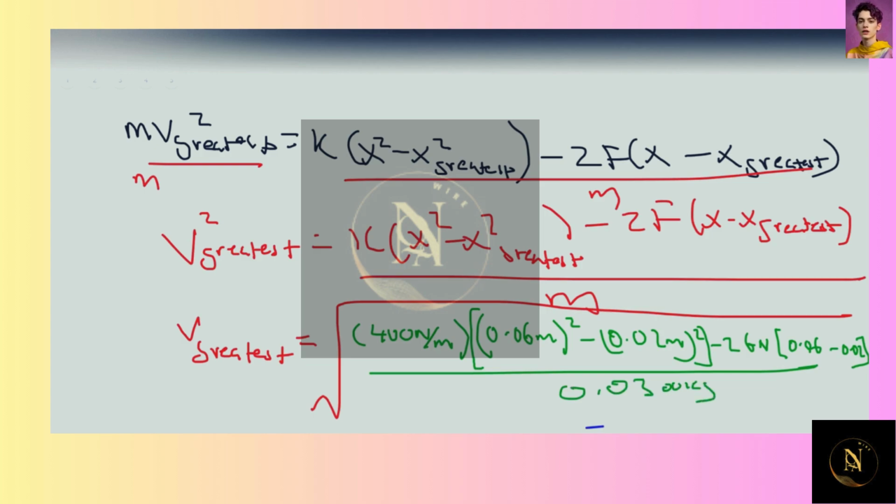Our final answer happens to be 5.2 meters per second. That's the largest speed, the v greatest.